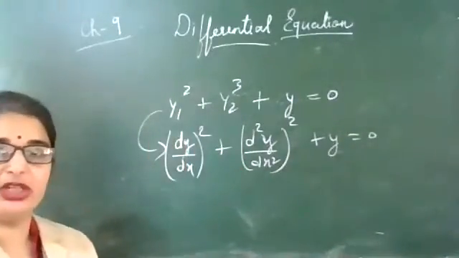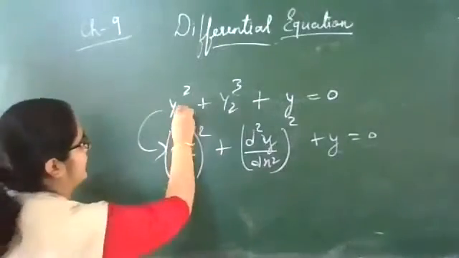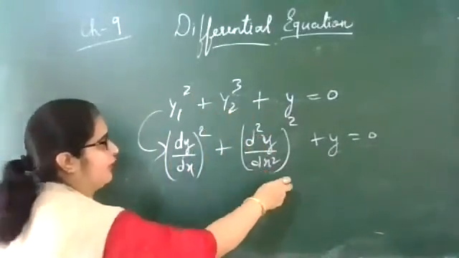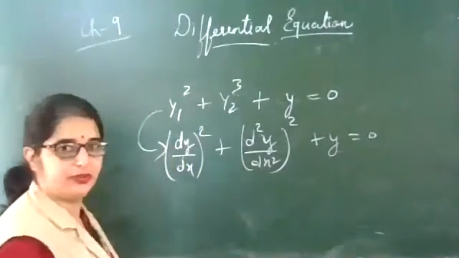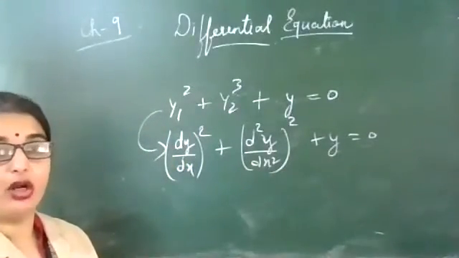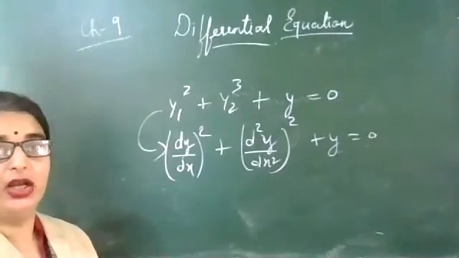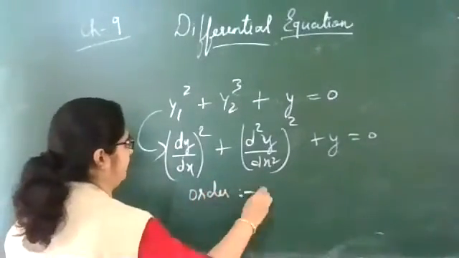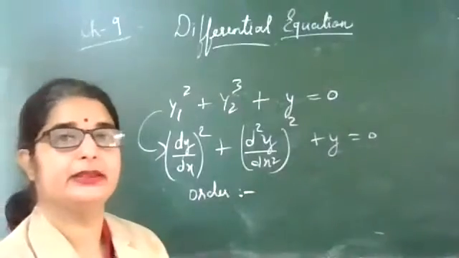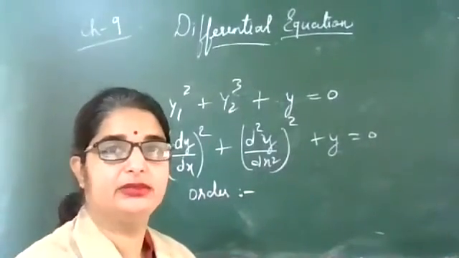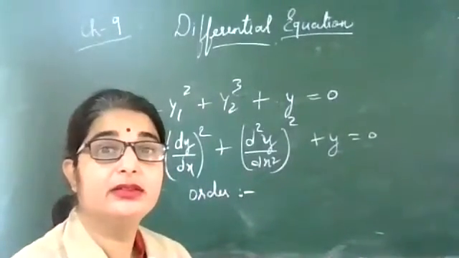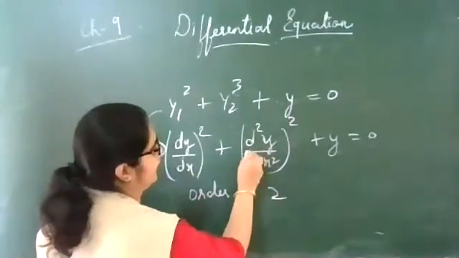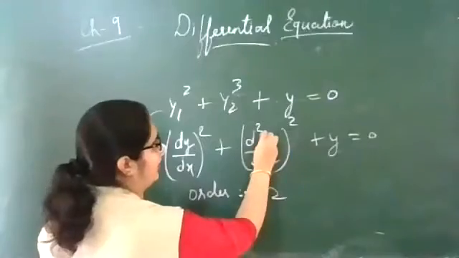Only what we have done is, instead of y1 we have written dy by dx, and instead of y2 we have written d square y by dx square. Now anyone who can tell me what is the order of this differential equation? Yes, 2. Very good. Why is it 2? Because the highest order derivative is this. So the order is 2.